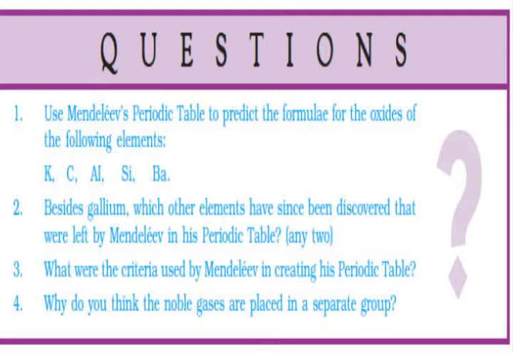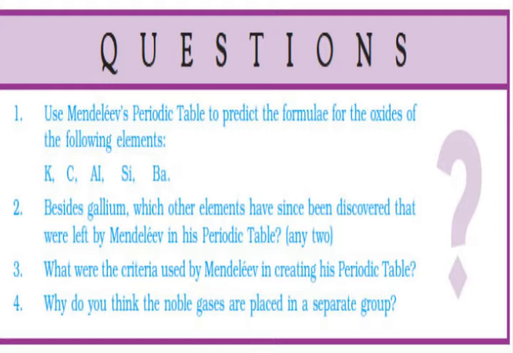So, by observing Mendeleev's periodic table carefully, you can see that the formula for the oxide of potassium is K2O. Next, for carbon it is CO2. For aluminium it is Al2O3.